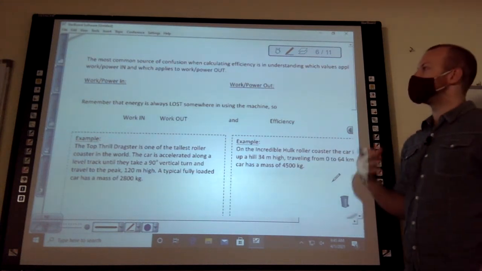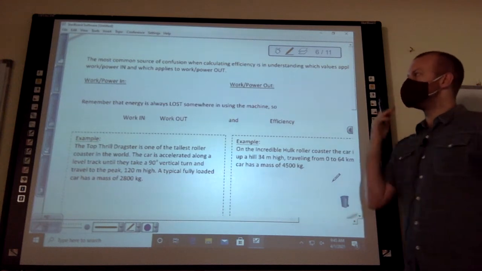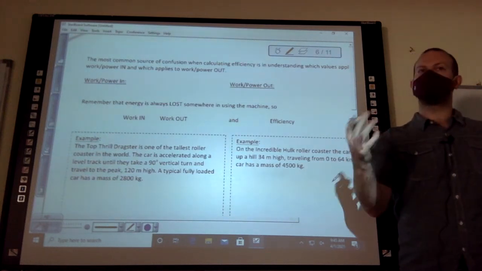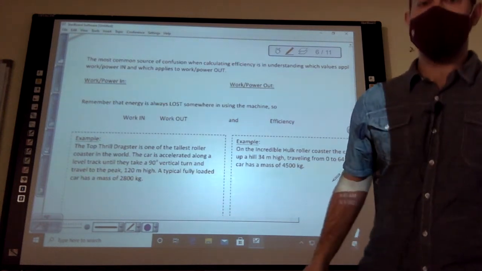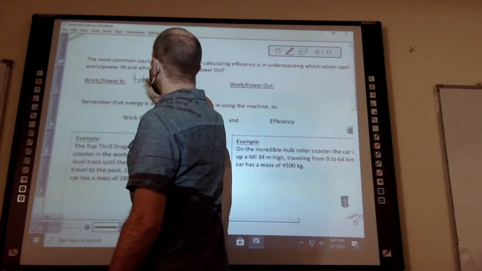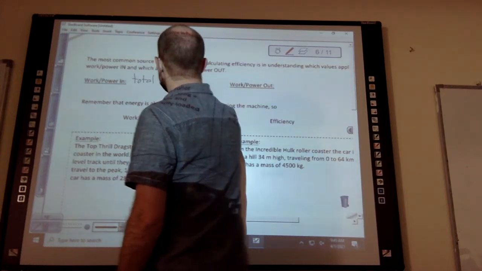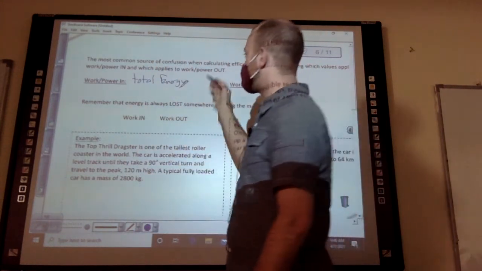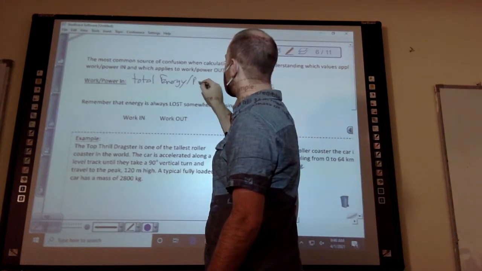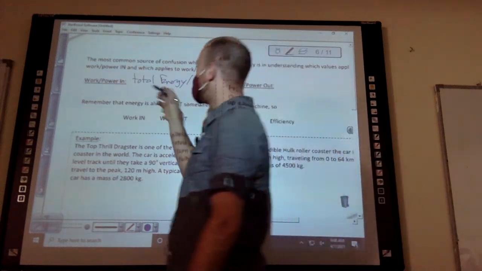So it's the amount of energy that your engine has, or the amount of energy that the potential energy starts out as. So this is either total energy or power, depending on which one you're dealing with, used in the process, so that you're putting into it.